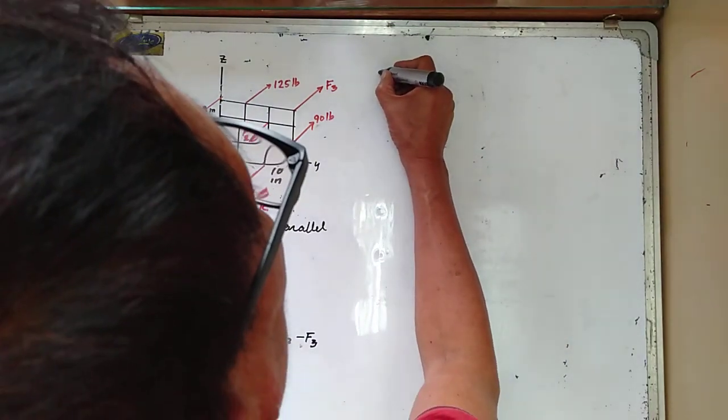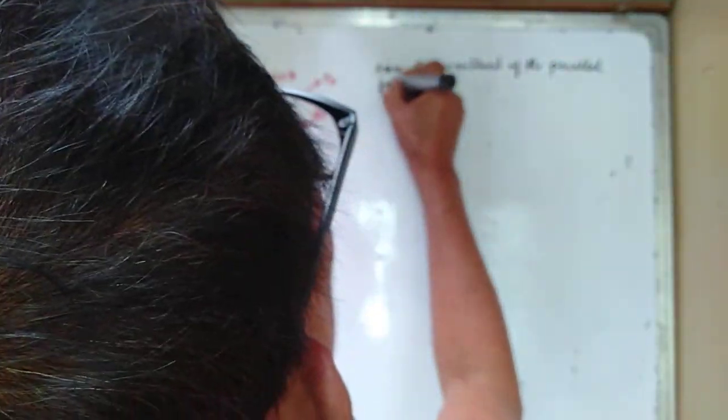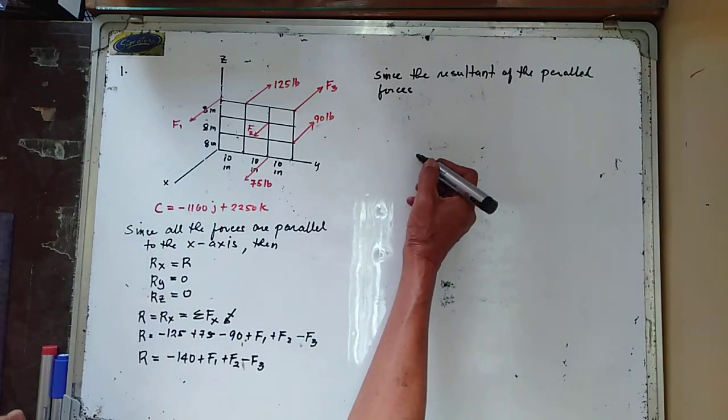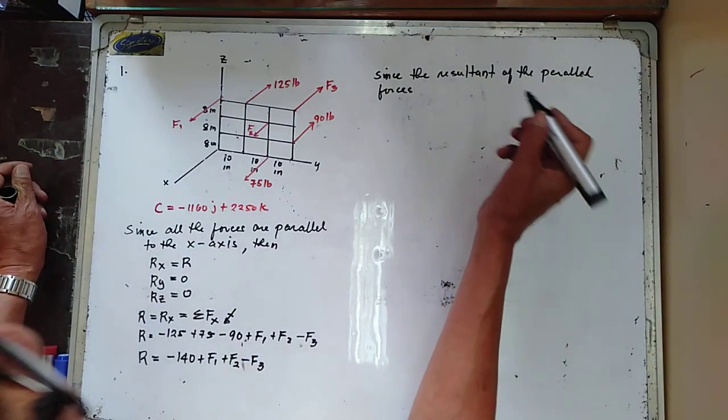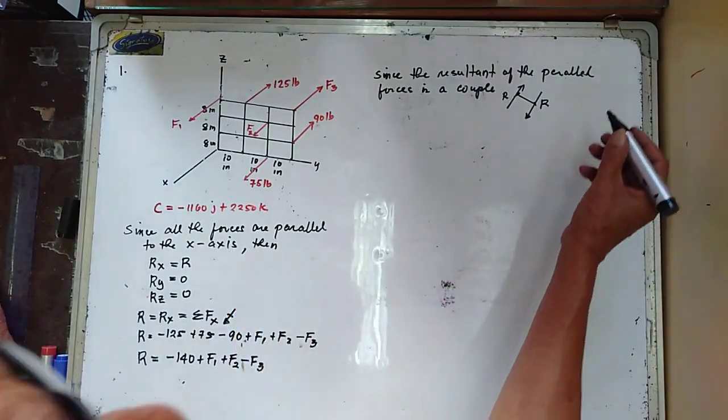Take note now that since the resultant of the parallel forces is a couple, the resultant force is a couple, and therefore the net R is equal to 0.